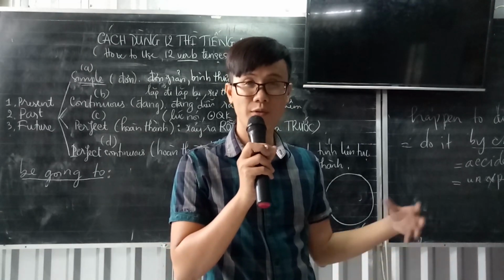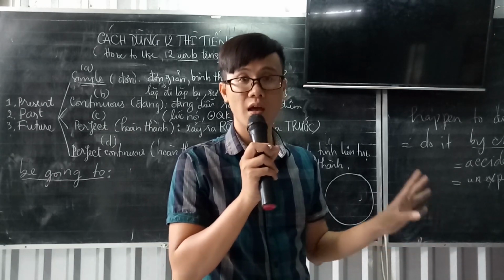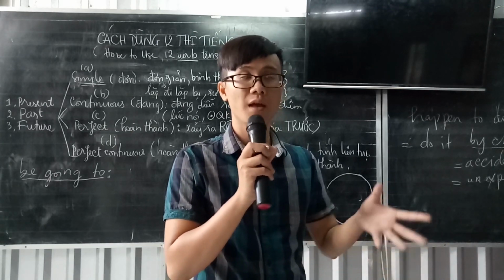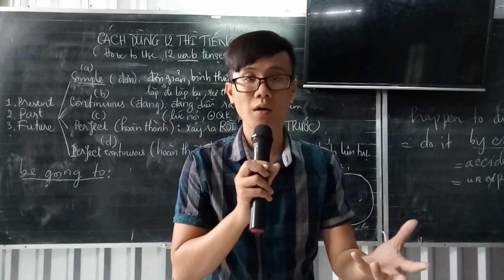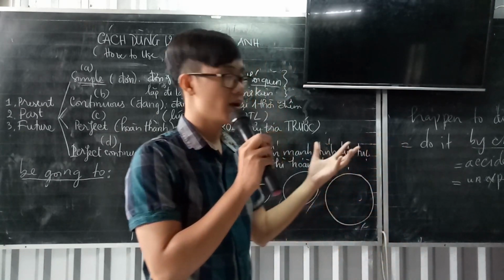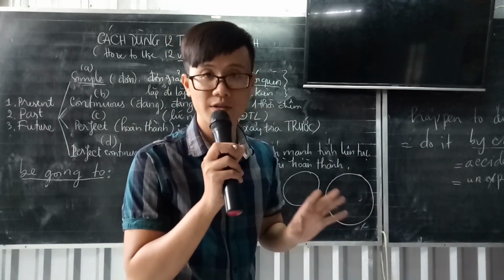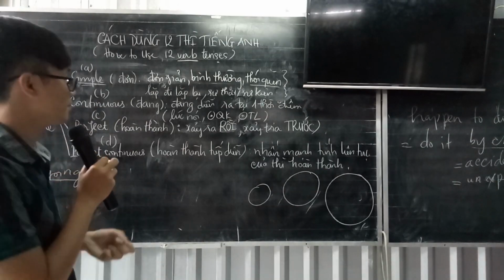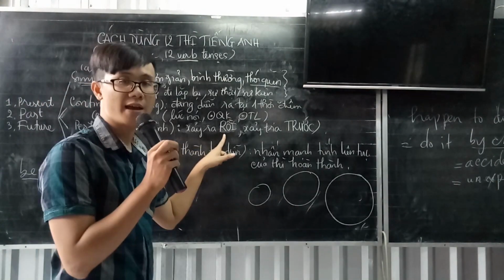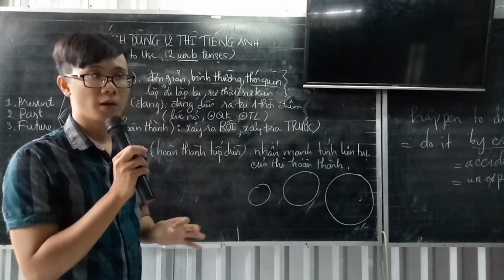You said you've already done all your homework, but you didn't mention a certain time. So the action do homework has already happened, but we didn't know the time, so we use present perfect.